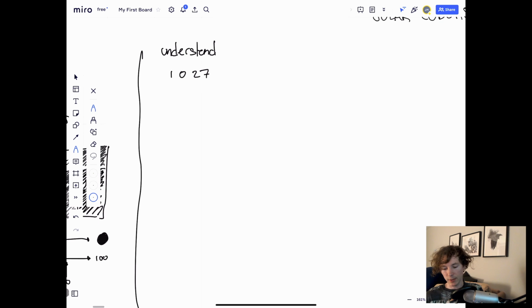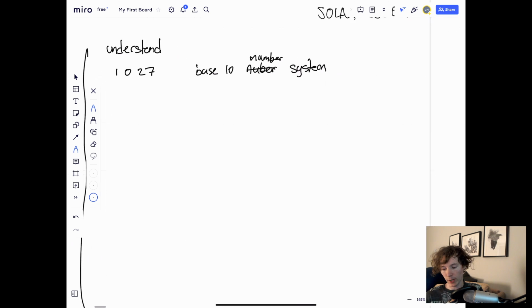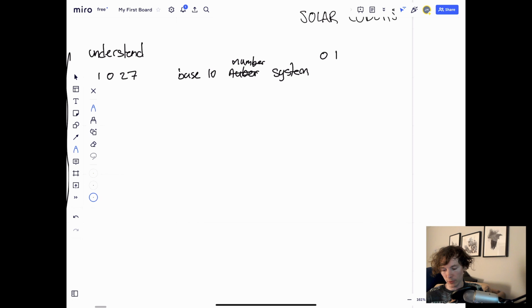That's because this is called a base 10 number system, and it is designed to work with 10 digits, right? So 0, 1, 2, 3, 4, 5, 6, 7, 8, 9.